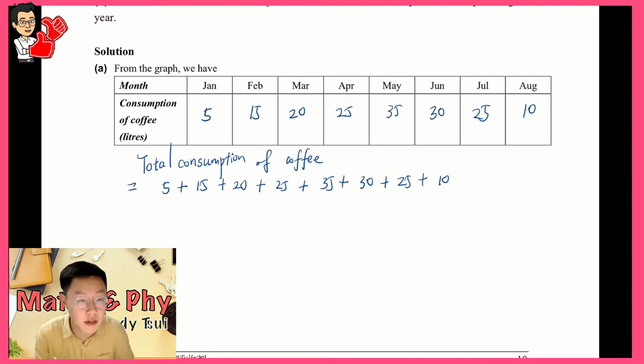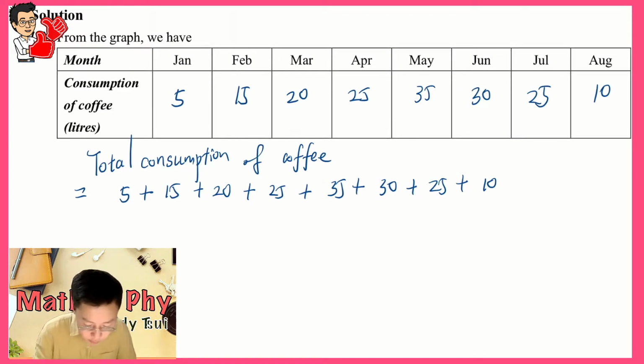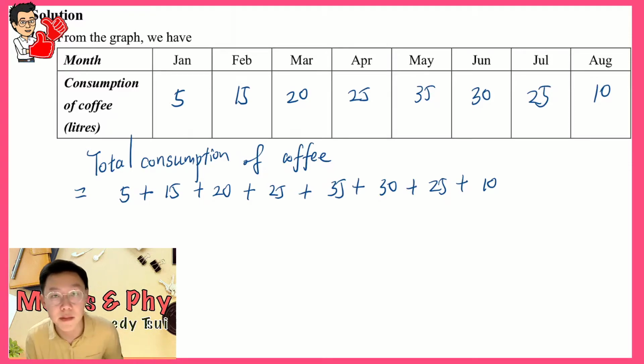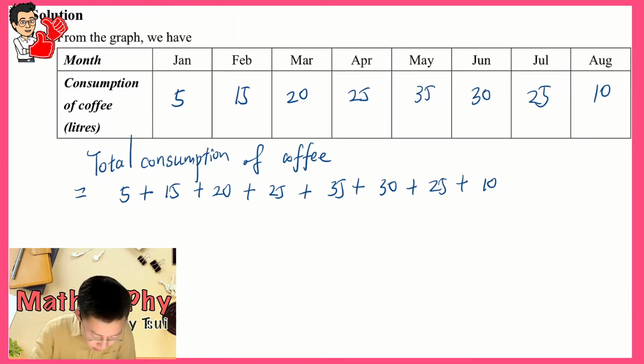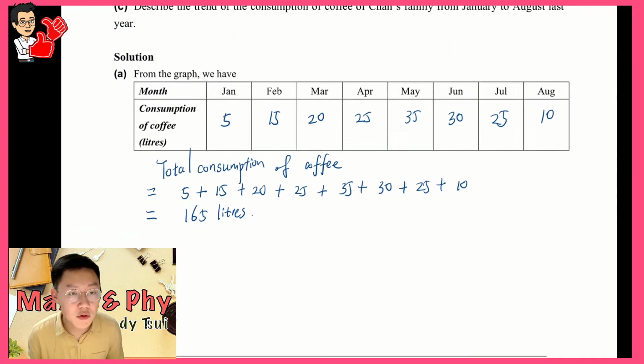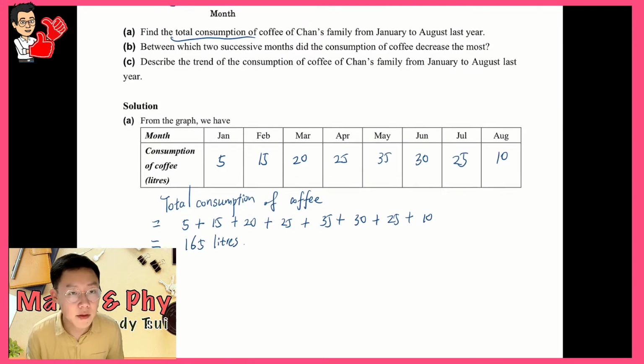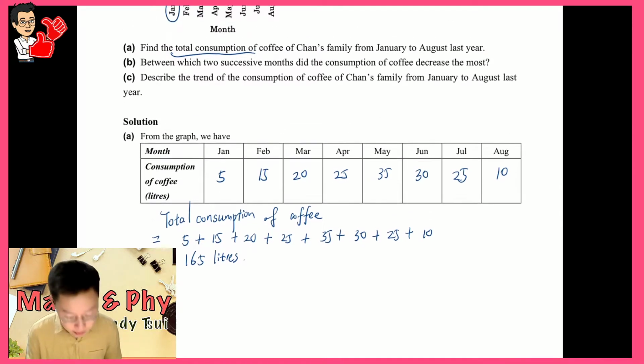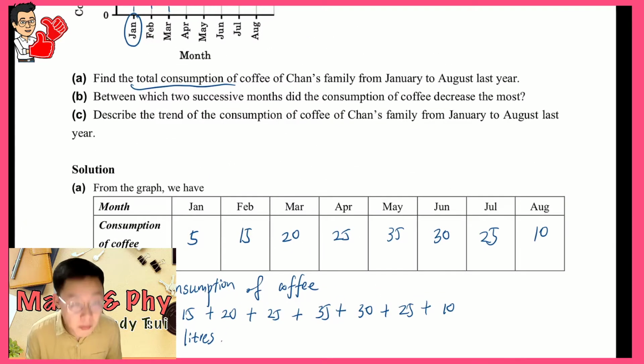Oh, it's not times, it's add, sorry for that. It should be 5 plus 15 plus 20 plus 25 plus 35 plus 30 plus 25 plus 10. All right, sorry for that. And the sum should be 165 liters. That is the total consumption of coffee of Chen's family.